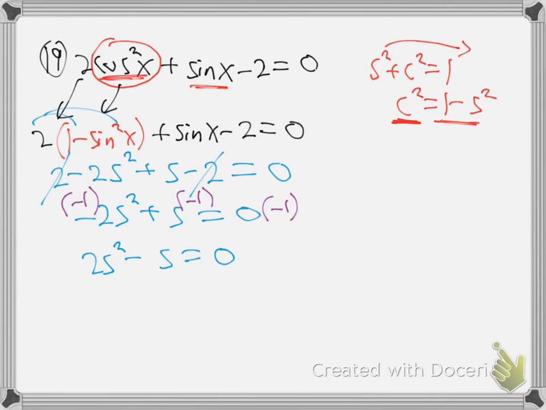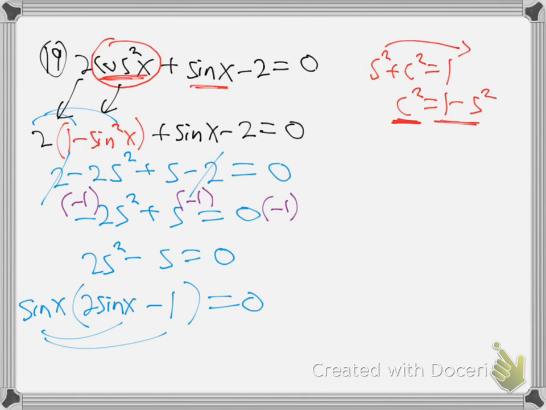Factor. Now we factor, right? How do I factor 2 sine squared minus sine? Take out a sine. Maybe I'll go back to just calling it sine x. Sine x times 2 sine x minus 1. See, if that multiplied, it would go back.